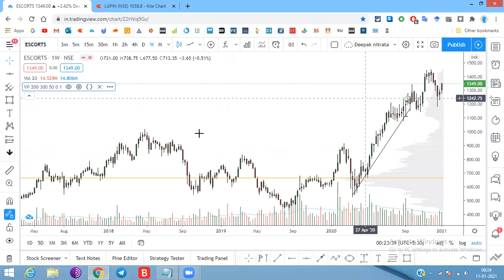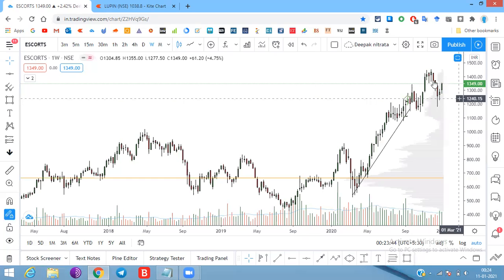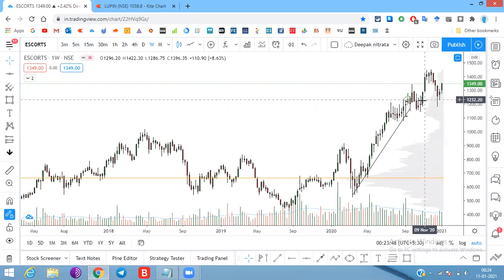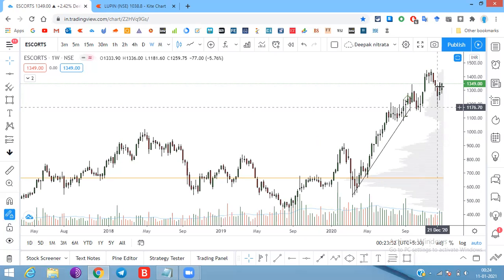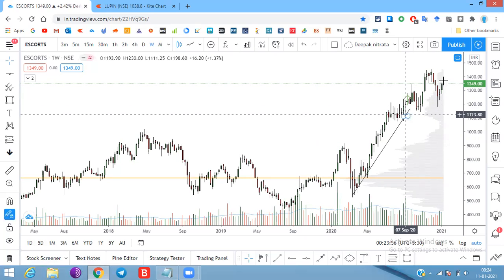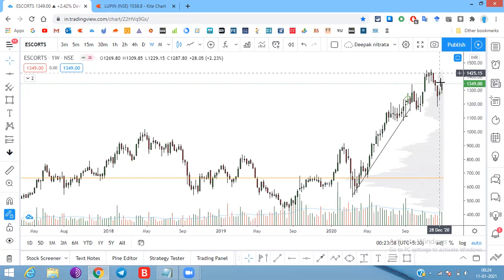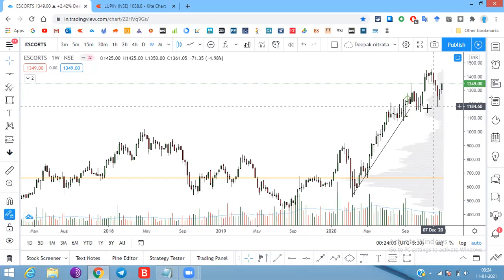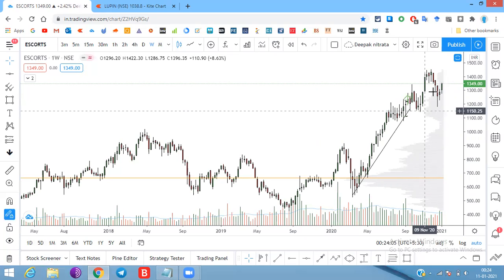So right now we can see in the example of Escorts also that the price is taking a pullback to the high volume node region, and if the price continues in the trend, it will continue to do so in a low volume node region. So this high volume node region can act as a good support also, we can say this.